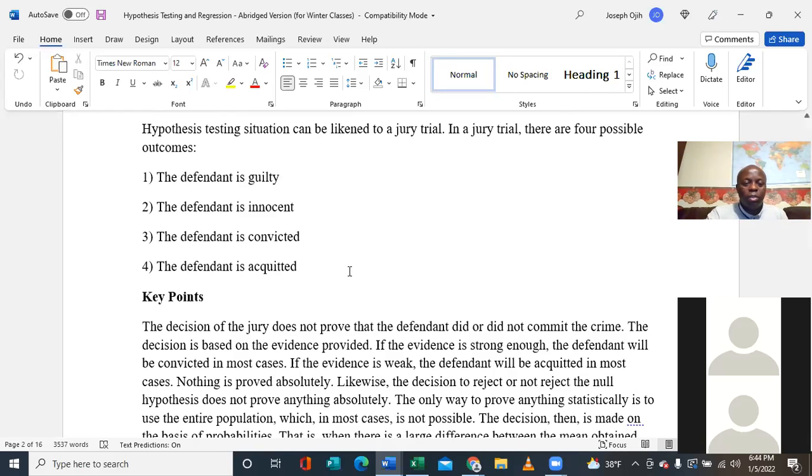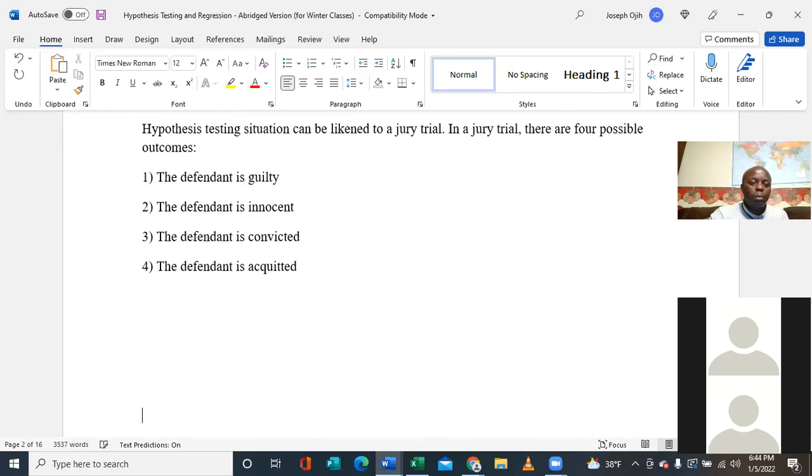So let me explain it with this hypothesis testing. Usually, our H0 will be that the defendant is innocent. Okay, that's our H0. And H1 will be that the defendant is guilty.